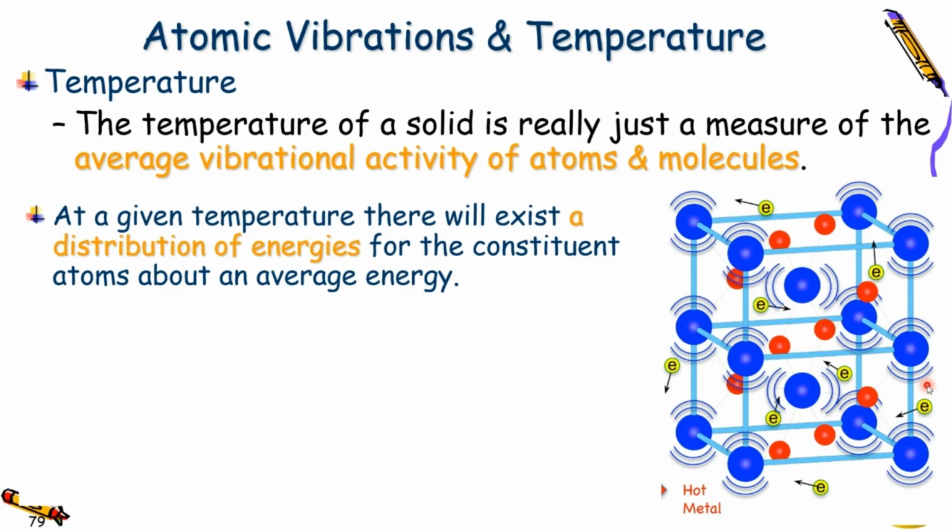If the temperature is low, the average energy of these atoms will be low. What happens if the temperature goes to 0 Kelvin? There's no energy, so every atom will be frozen. The atoms don't move, so there's no atomic vibration.